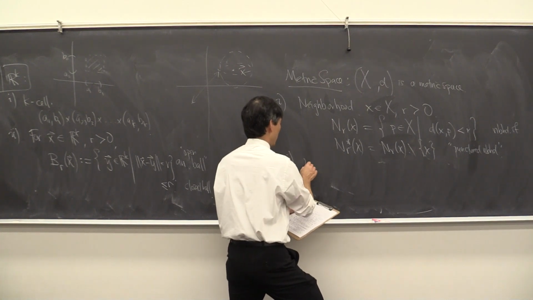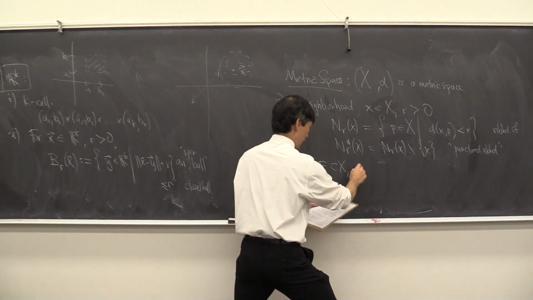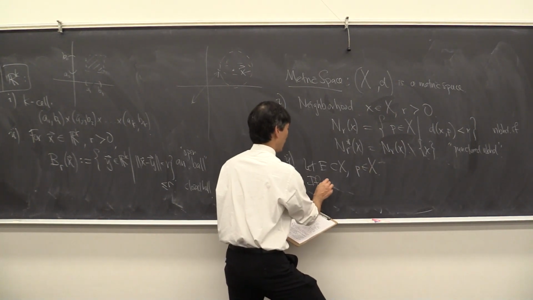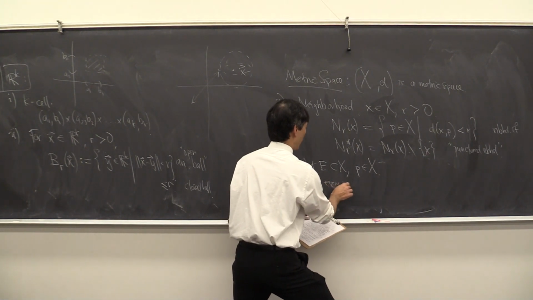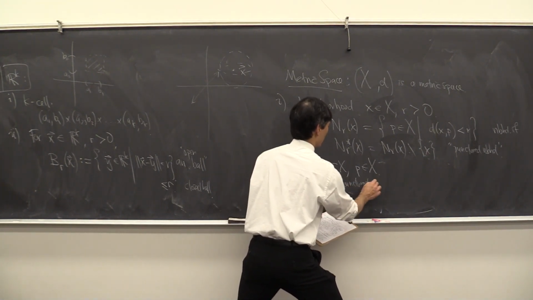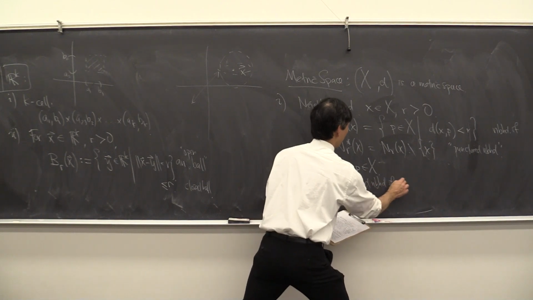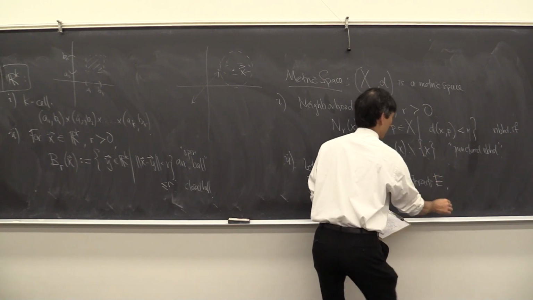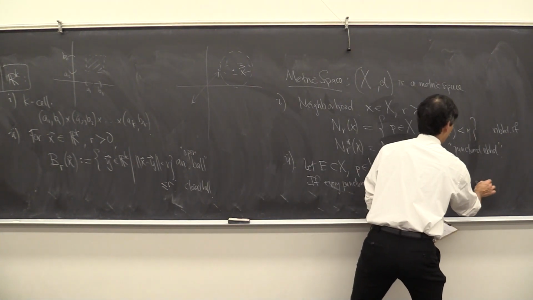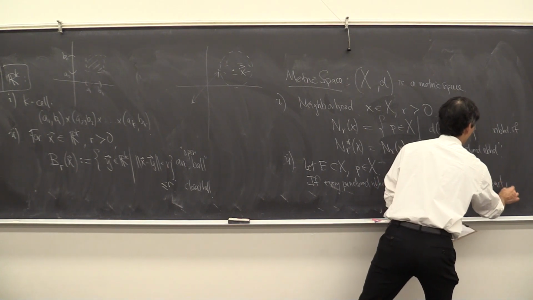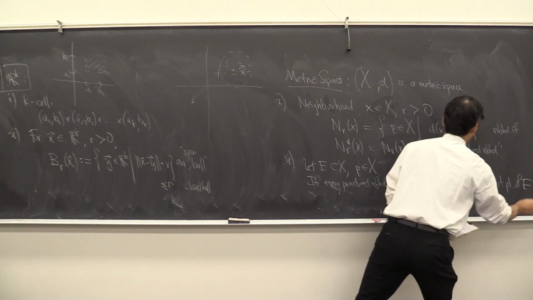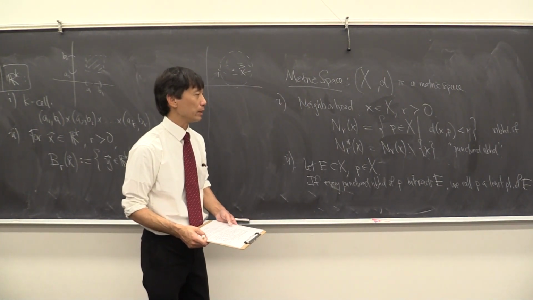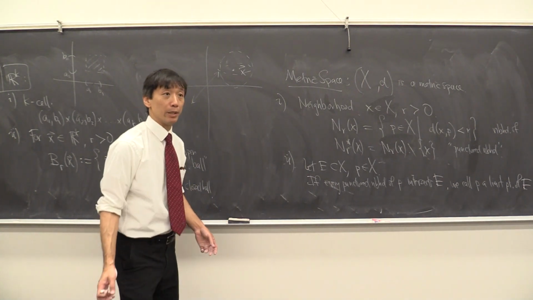Suppose you have a set, let E be a subset of X, and p be a point of X. If every punctured neighborhood of p intersects E, we call p a limit point of E.